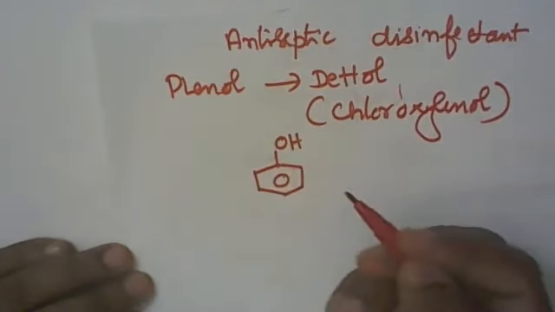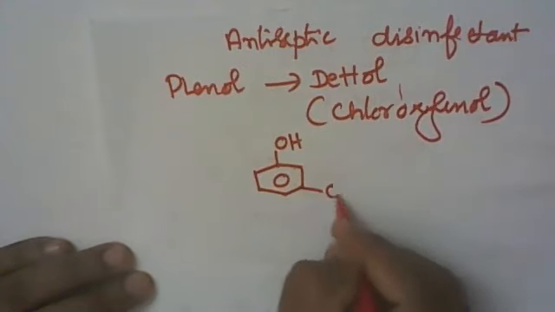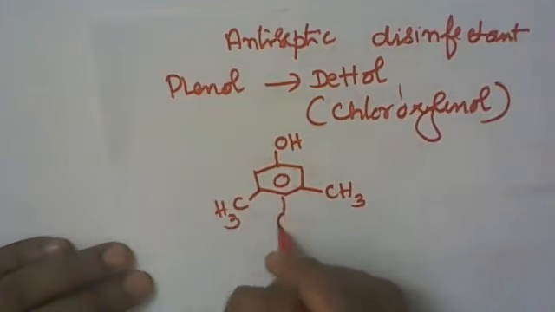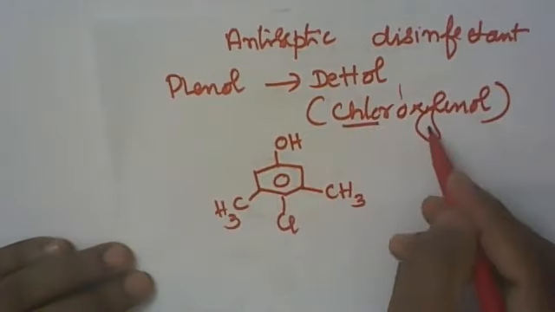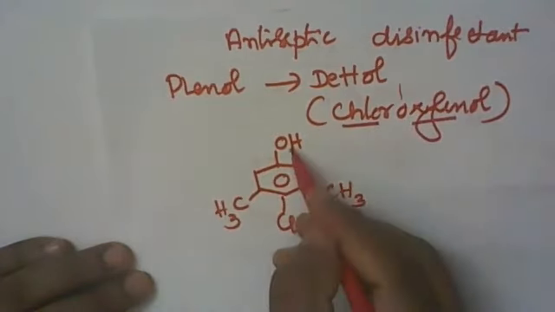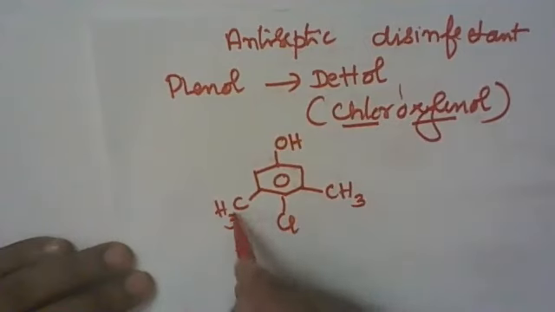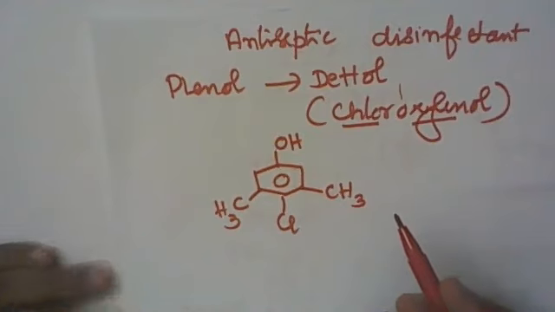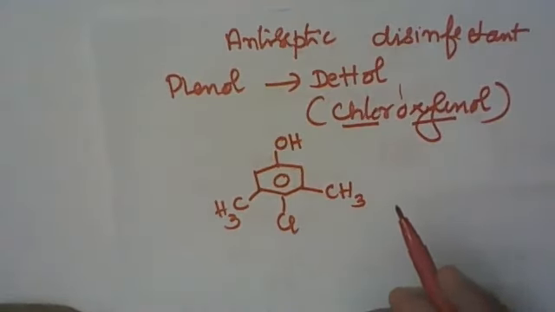This is the main phenol. Then there are two CH3 groups, and there is one chlorine atom. Chloroxylenol: ol stands for OH. Xylene refers to two CH3 groups. This is one example where we use a phenol derivative in Dettol.